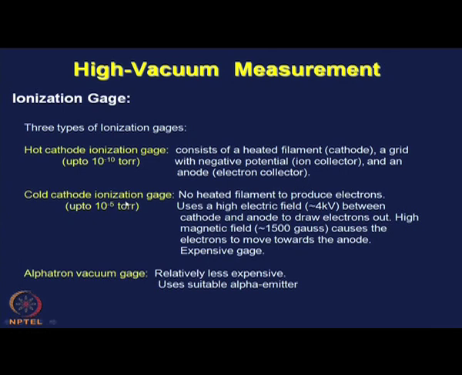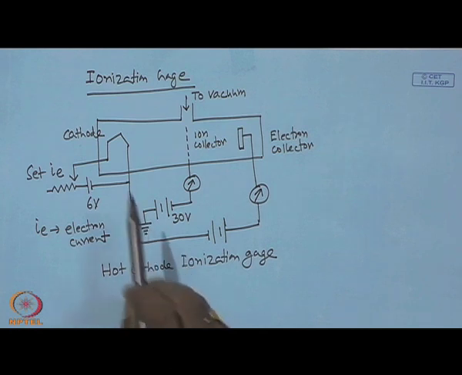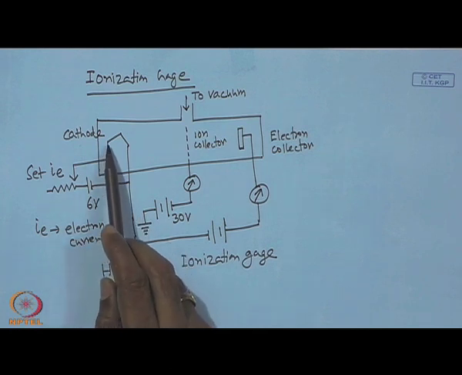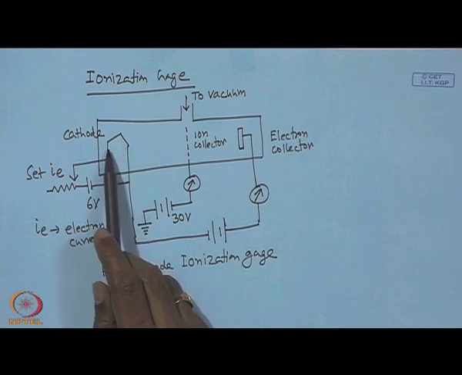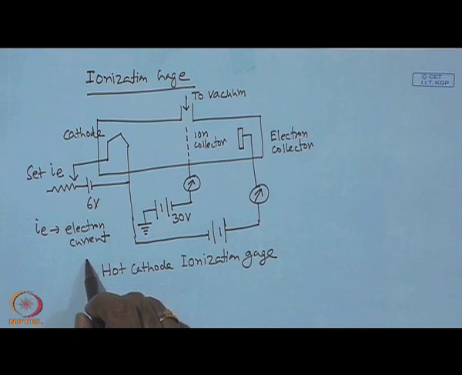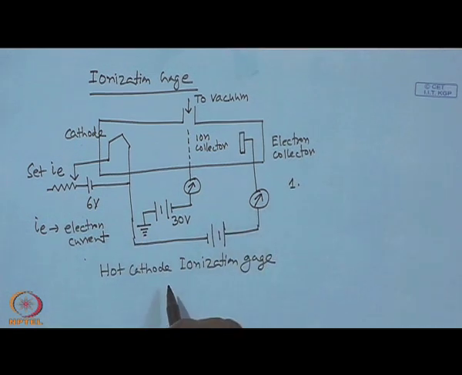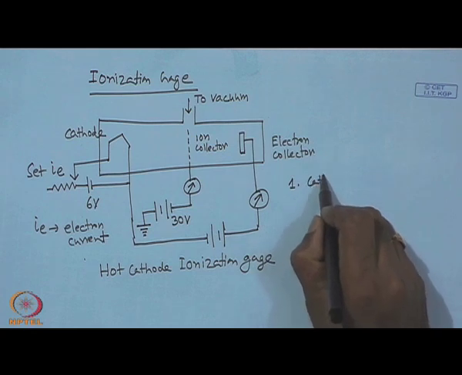Now, there are some difficulties associated with this hot cathode ionization gauge. Since we are using a hot filament to emit electrons, certain disadvantages arise. Number 1, cathode may get oxidized.